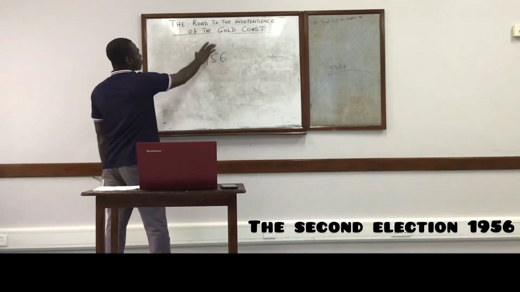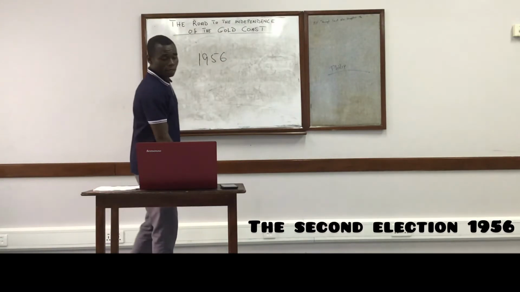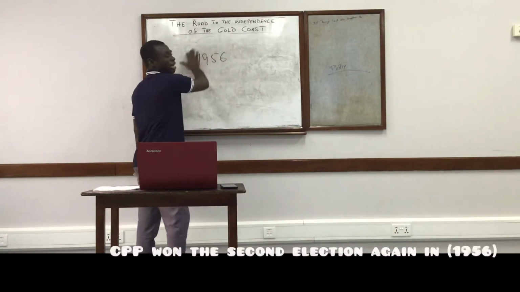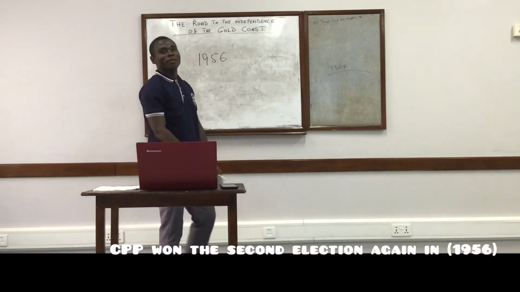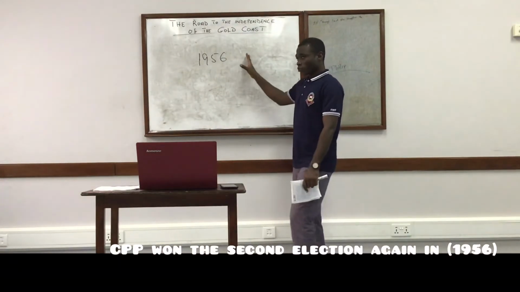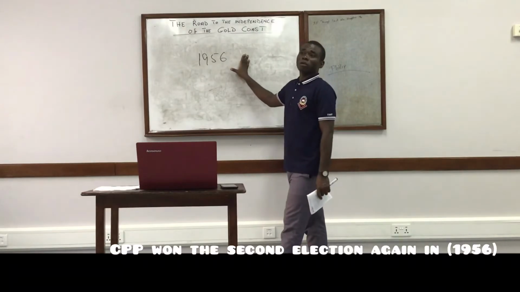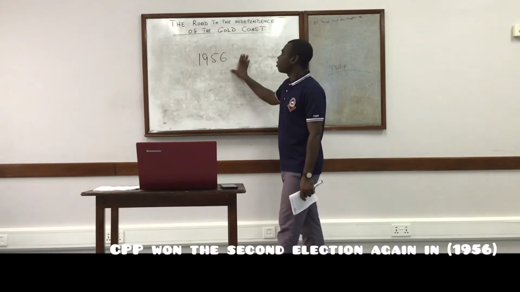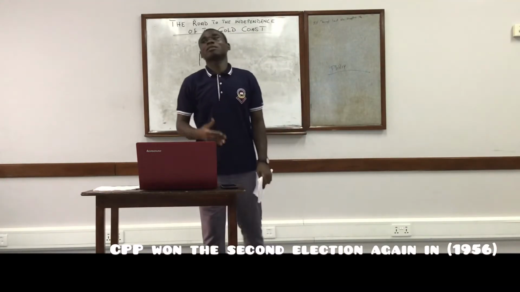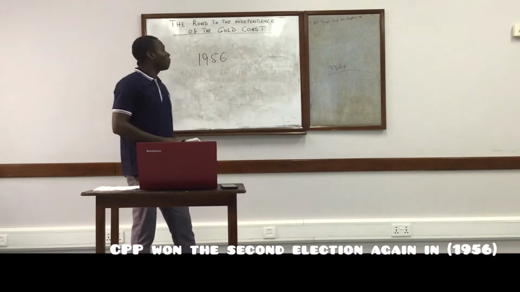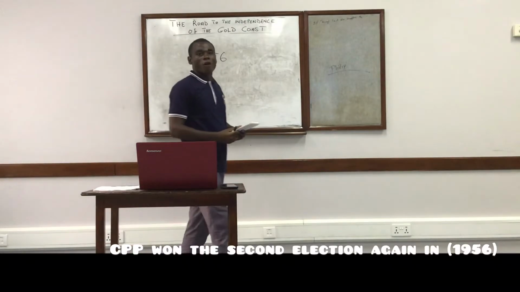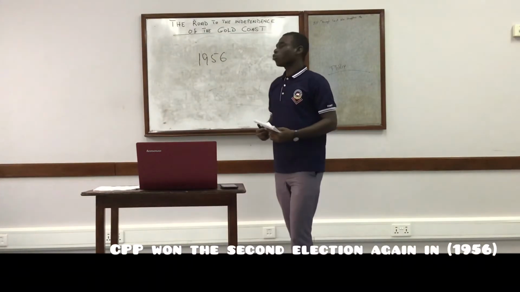In the 1956 election, the CPP also contested, and Nkrumah won massively in the 1956 general elections. So he continued with his job as prime minister. That means we are now close to the independence of the Gold Coast.